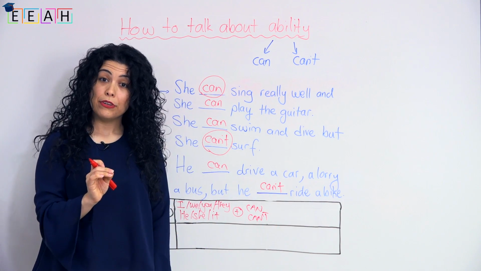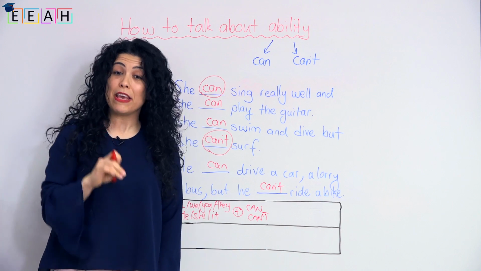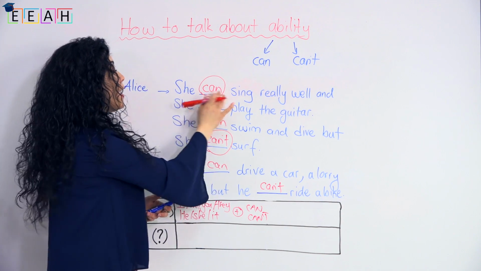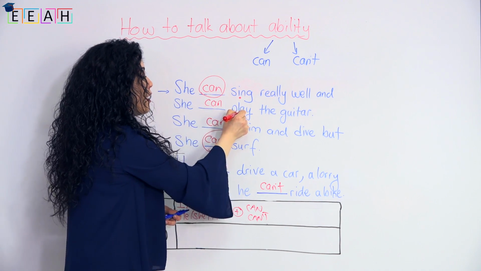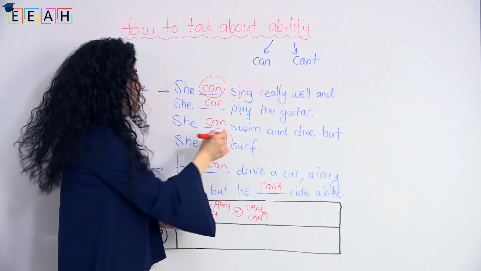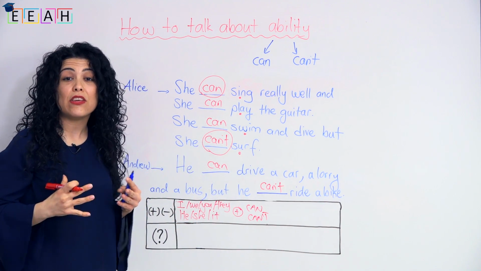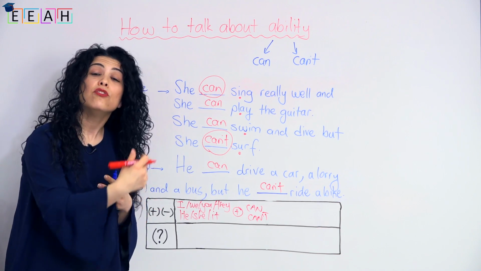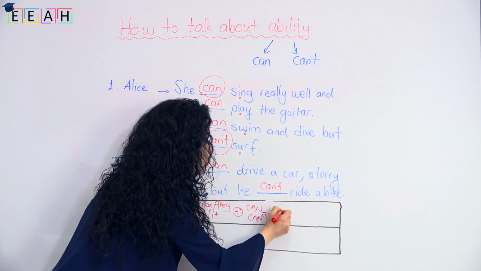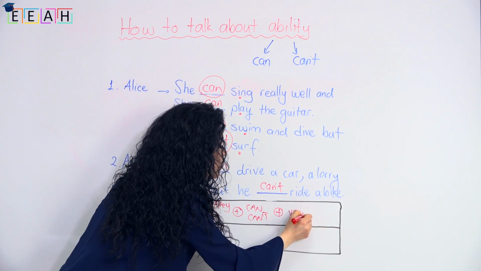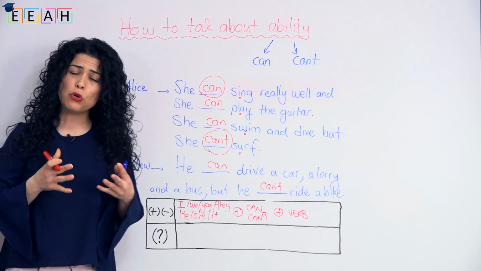The verb is in base form all the time. Let's have a look. I can sing. I can play. I can swim. I can surf. Yeah? So it doesn't change. There is nothing added to the verb here. Verb in base form.